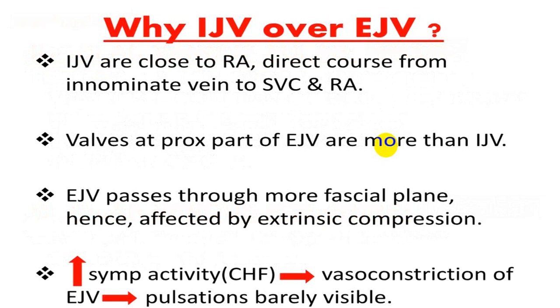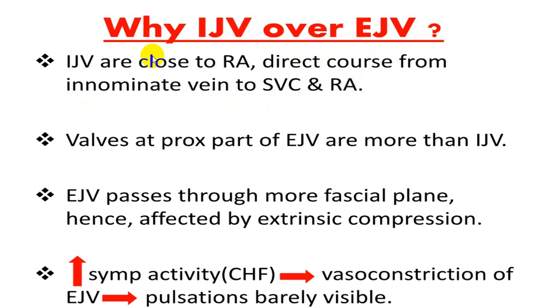Why is the external jugular vein not taken into account for pressure or pulse? The internal jugular vein is very close to the right atrium; indirectly, the internal jugular vein becomes the superior vena cava and then enters the right atrium. So there is a direct course from the innominate vein to the superior vena cava and right atrium.